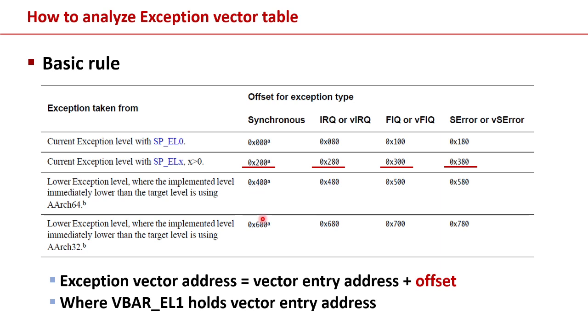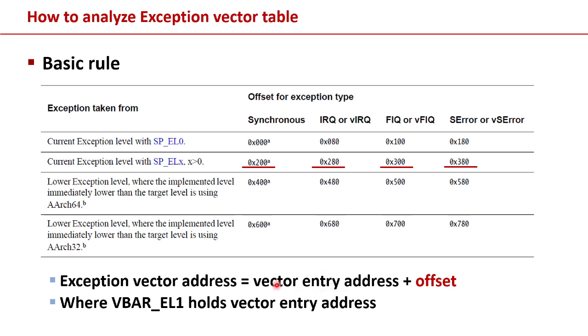The main reason I point out this rule repeatedly is that the exception vector table specifies the way to branch into the exception vector address. The key principle is that when the program counter is branched into the exception vector address, the ARM core adds two values.